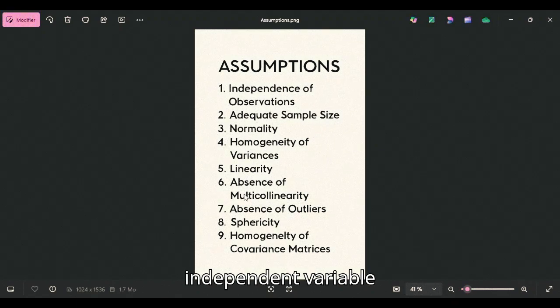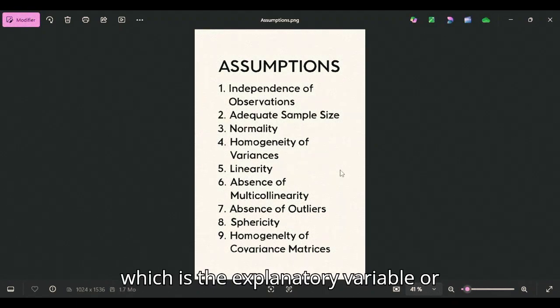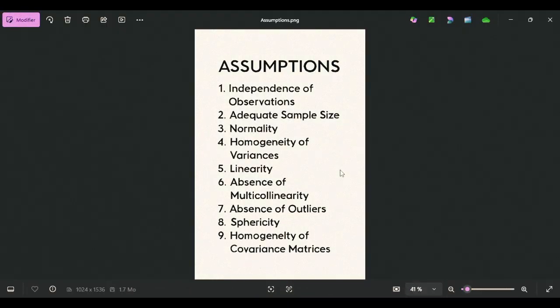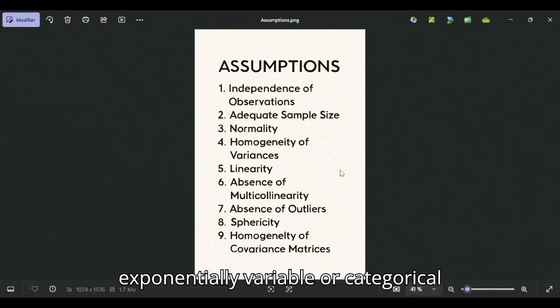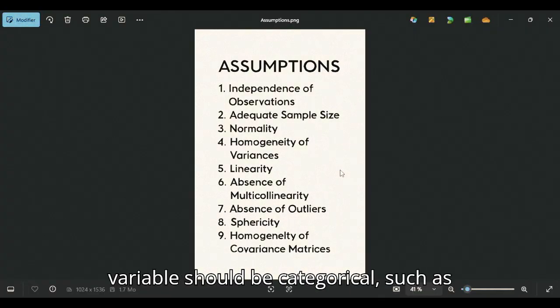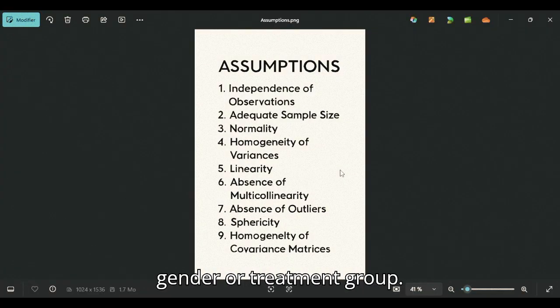The independent variable, which is the explanatory or predictor variable, should be categorical, such as gender or treatment group.